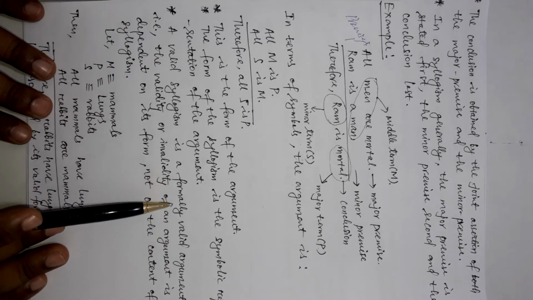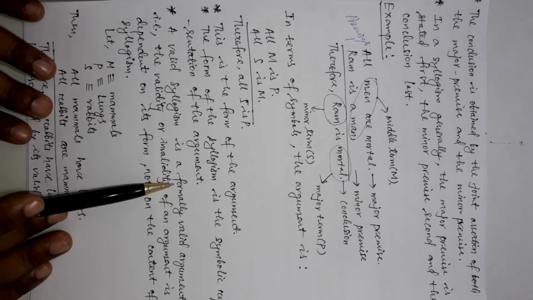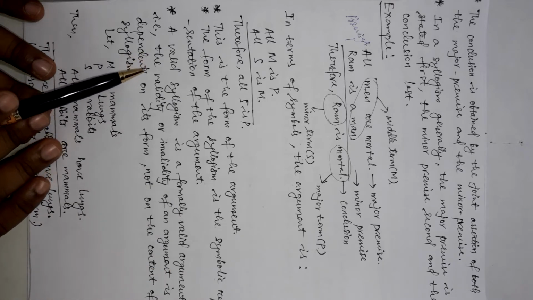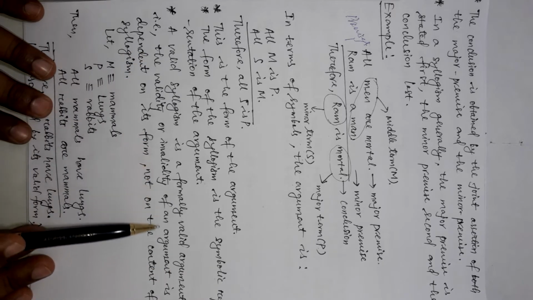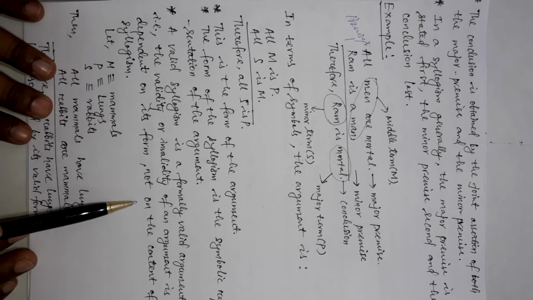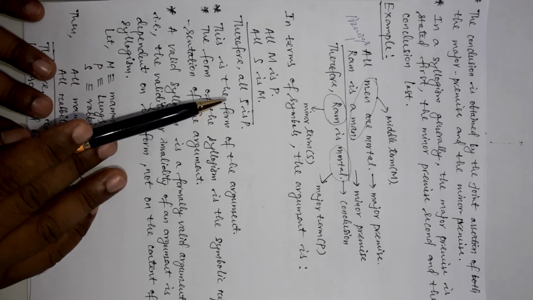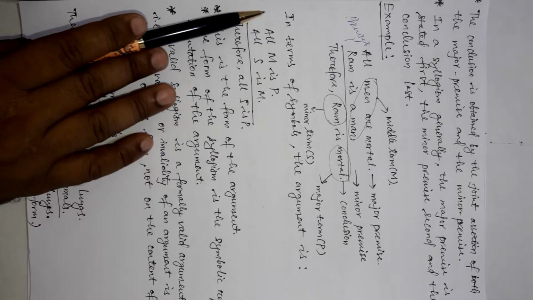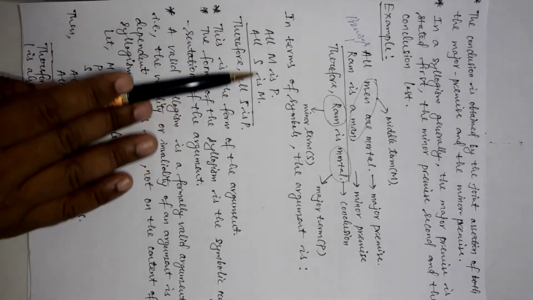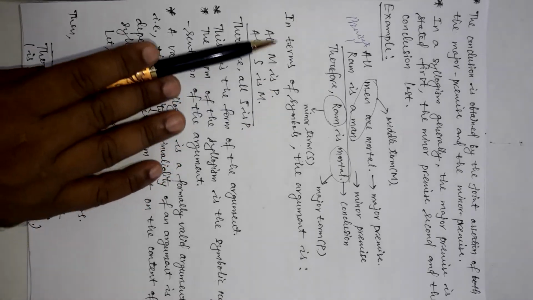What do we mean by a formally valid argument? If the argument is valid in terms of form, then it is called a formally valid argument. So, the validity or invalidity of an argument depends on its form and not on the content of the syllogism. That means, if any syllogism is of this form and this is a valid form, then that syllogism will also be valid.